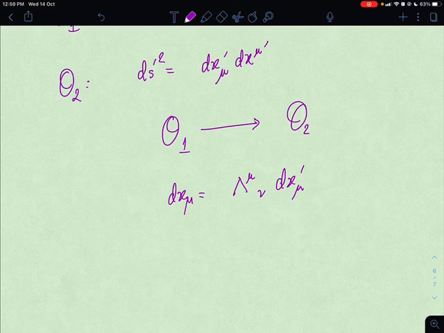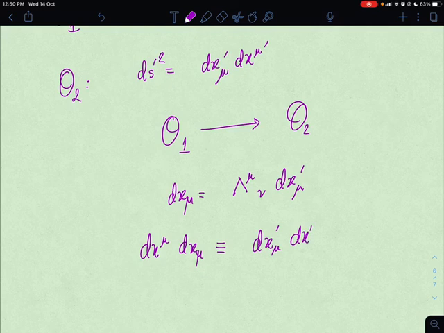Now we know that dx mu dx mu should be equivalent to dx prime mu dx prime mu.